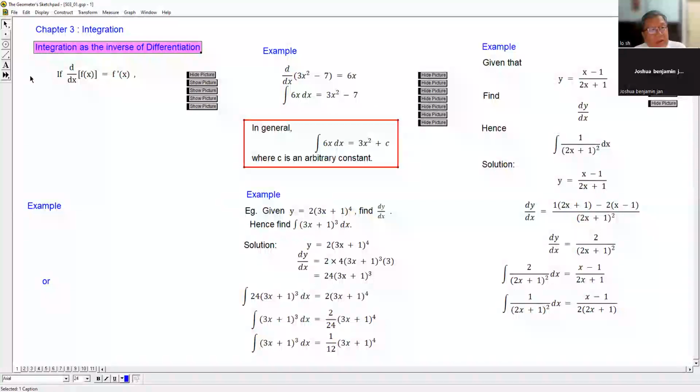Now, if you remember when we studied differentiation, the first time I told you differentiate with respect to x, d dx of this function fx, the symbol is f prime x. F prime x means the dy dx. F prime x means the differentiation of fx. It is not fx, but it is the answer after you have differentiated fx.